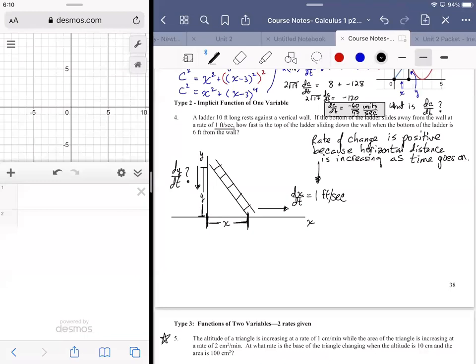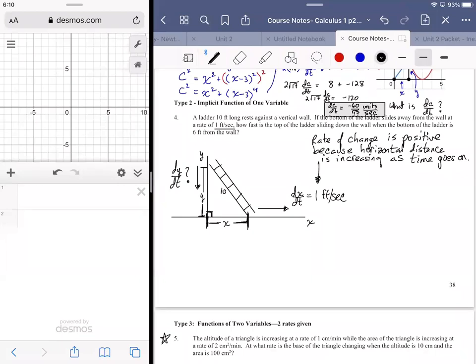So we know that the ladder itself has a length of 10, and we're assuming that this vertical wall and this ground are perpendicular to one another. So we're looking at a Pythagorean relationship here. They didn't mention anything about any angles. They didn't mention anything about area in any capacity. So the only thing that we would have to address here would be dimensions, and dimensions are Pythagorean because it's a right triangle.